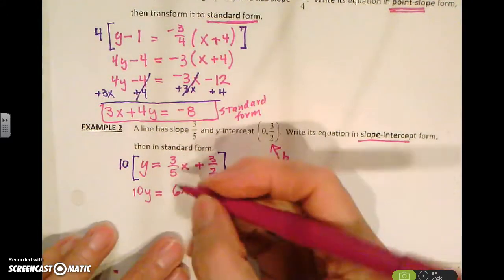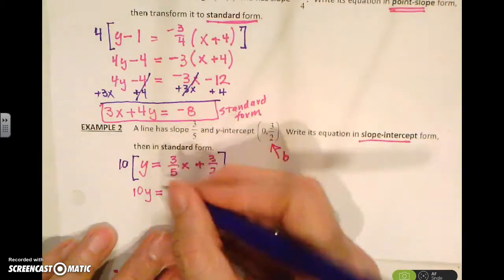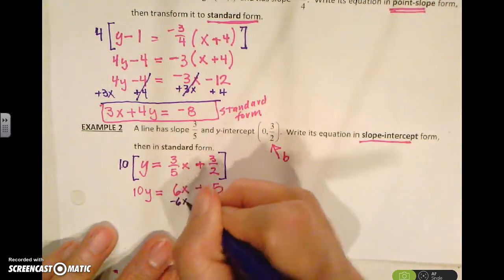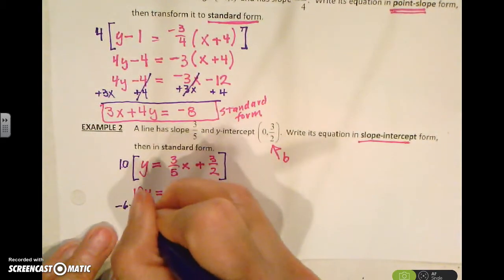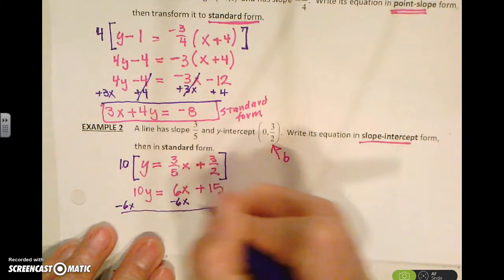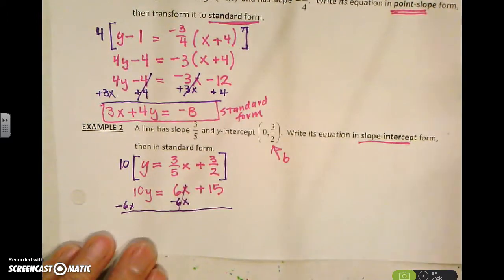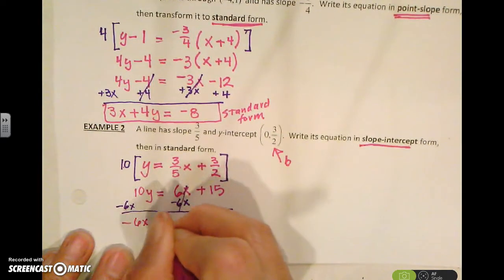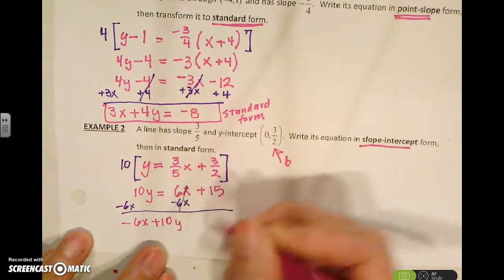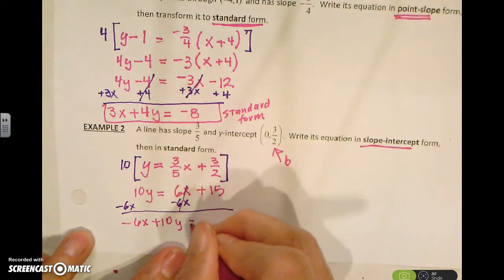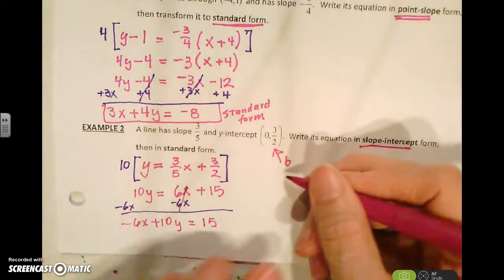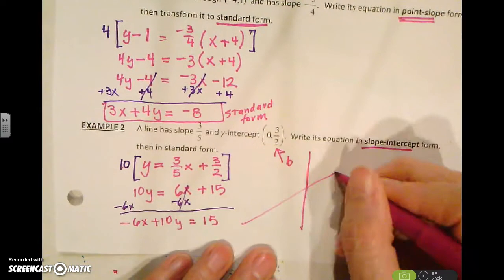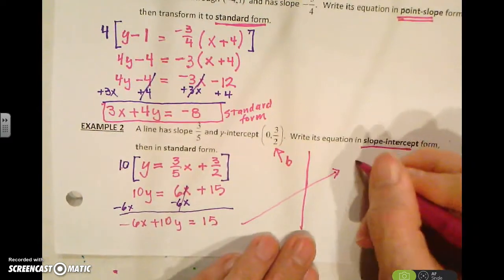So now I need to have my x and y on the same side. So I'm going to subtract 6x from both sides. So that goes away. And I end up here with negative 6x plus 10y is equal to 15. So let's bring this over here, and I'm going to copy it down.